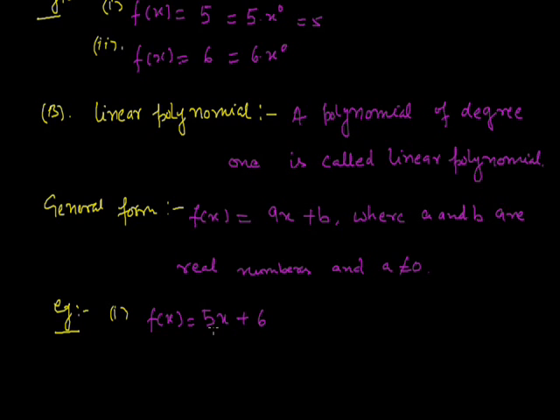So this is a linear polynomial. Example 2, f(x) equal to 7x to the power 2 plus 6x plus 1. Here we see that in the first term 7x to the power 2, the power of x is 2. So this is not a linear polynomial. Fine.